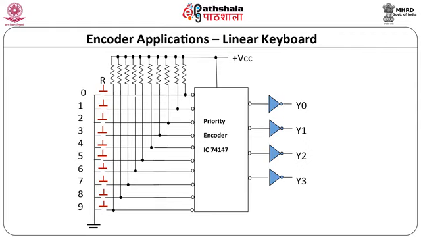Key closure can be encoded by the priority encoder. As all the inputs are active low, inputs are tied to plus VCC through a resistor R. When some key is pressed, the input is connected to ground, indicating the key closure. As the outputs are active low, the final binary is obtained by inverting the outputs.